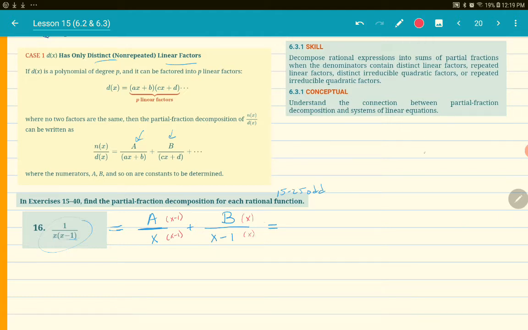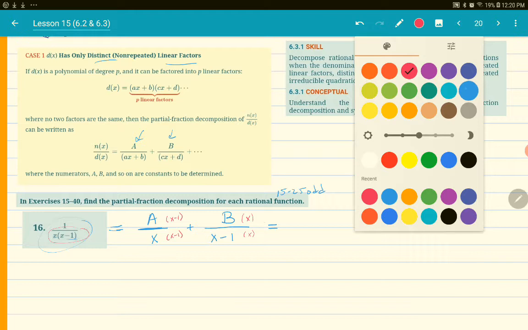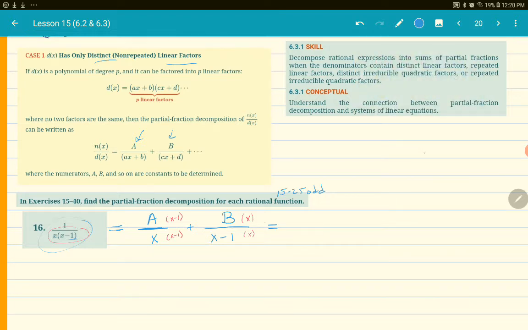So my common denominator becomes x times x minus 1. And my a and b, I end up getting a times x minus 1 plus b x, all over x times x minus 1.